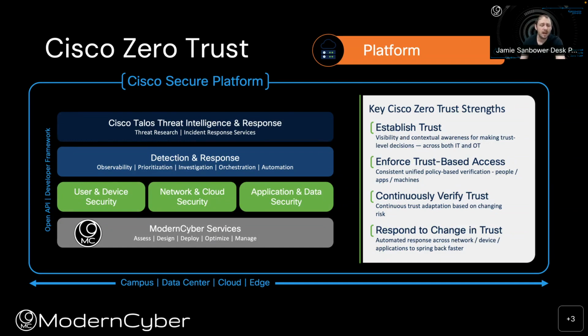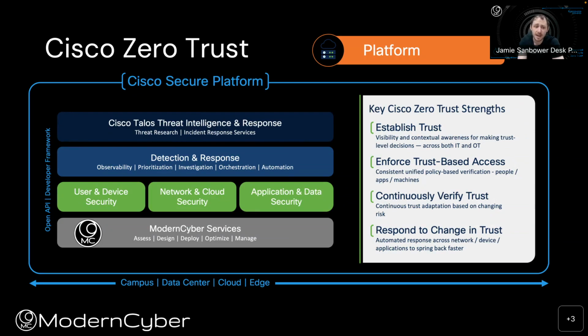Now, one of the other key callouts here is Cisco's Zero Trust strengths. One of the things at Cisco is providing a full methodology around how to apply Zero Trust strategy and principles to the different policy decision and enforcement points. And that starts by establishing trust.